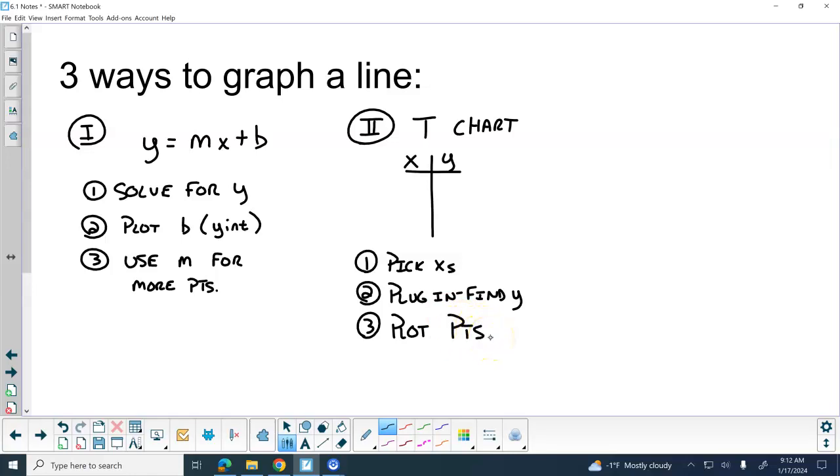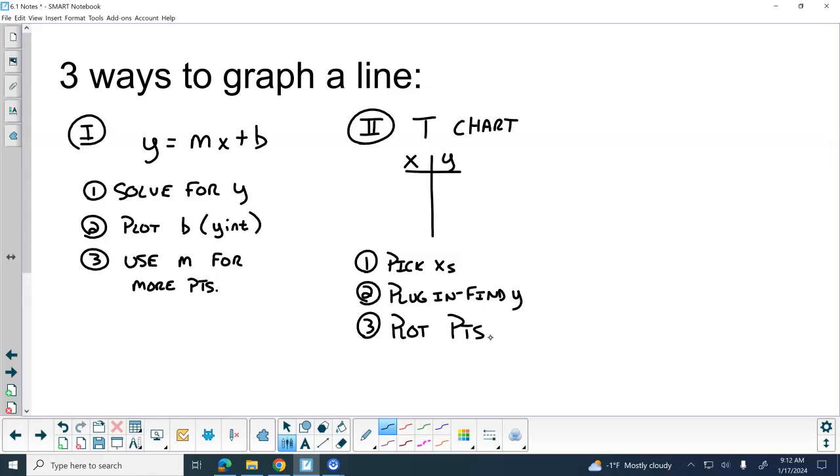T-chart. Love it. This third method, I don't know. No, we actually did talk about it first semester. Yeah, we did. So you have had experience with it. Probably don't remember it because it's the one that we probably use the least. Anybody know what it is?